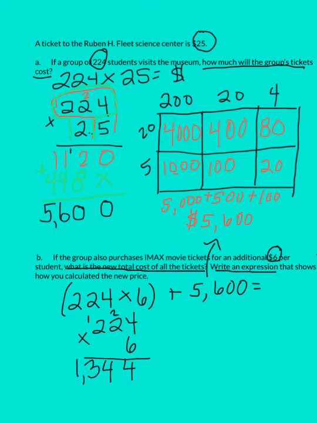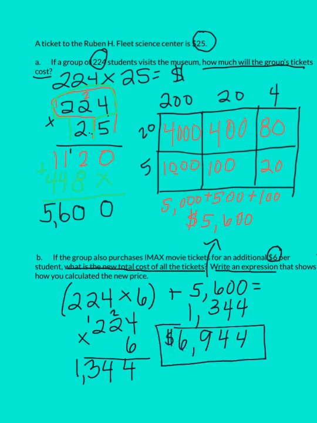Okay? So if we also wanted to pay for an IMAX movie, we're looking at $1,344 more dollars. So if I take that and I add that here, this amount should be the total amount for the Reuben H. Fleet Center and the IMAX movie combined.